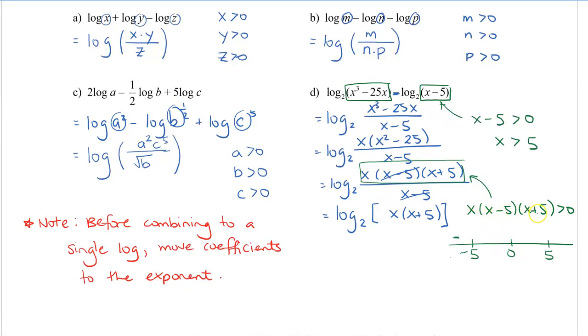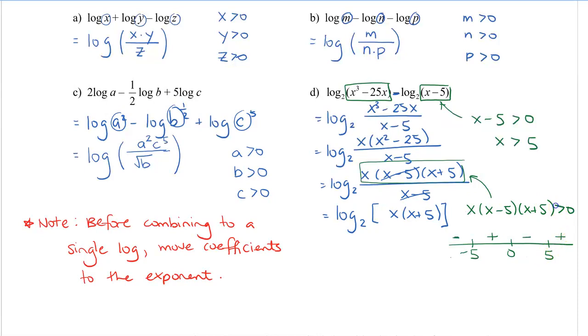So negative times positive will give me a positive value. We choose 1 times negative 4, so a positive times a negative times a positive will give me a negative value. And then the last interval, let's pick 6. 6 would make this positive, the second binomial positive, and so is the third.